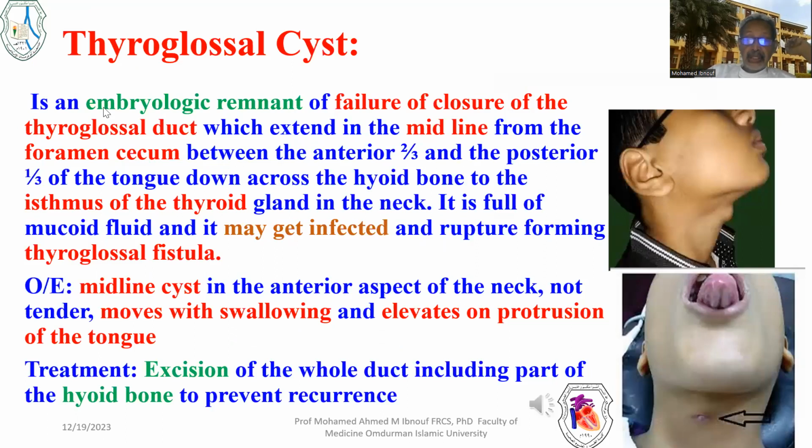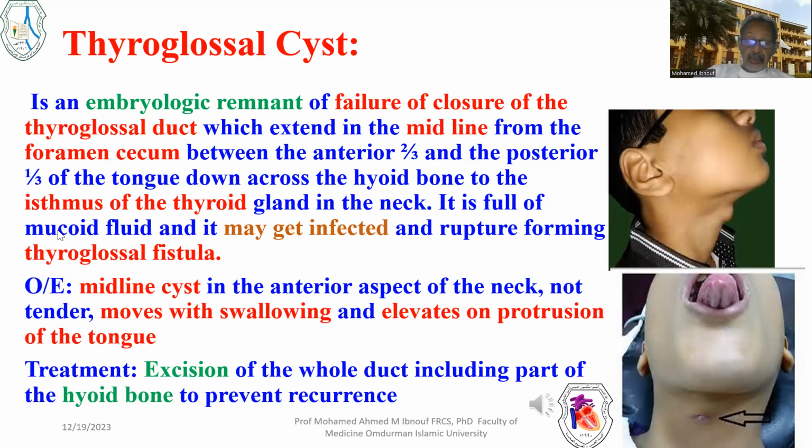Now, thyroglossal cyst. A thyroglossal cyst is an embryonic remnant of failure of closure of the thyroglossal duct. The thyroglossal duct usually extends along the midline from the foramen cecum, which lies between the anterior two-thirds and the posterior one-third of the tongue, and it goes down to the neck across the hyoid bone to the isthmus of the thyroid gland.